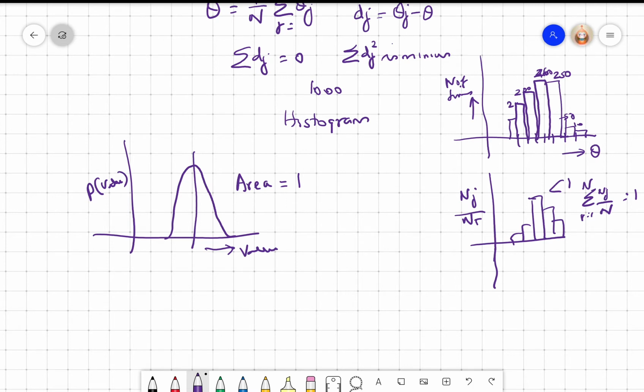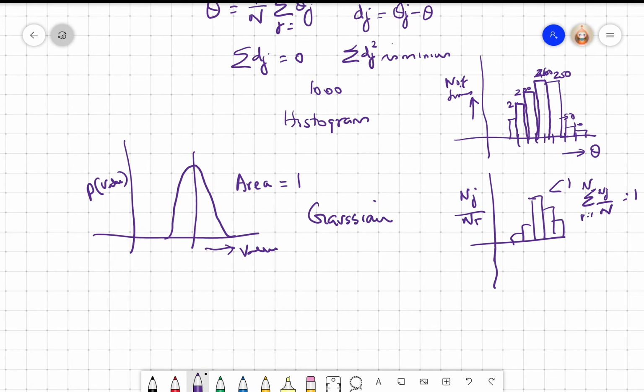We also saw that if we want to represent this, we can use the Gaussian equation, right?